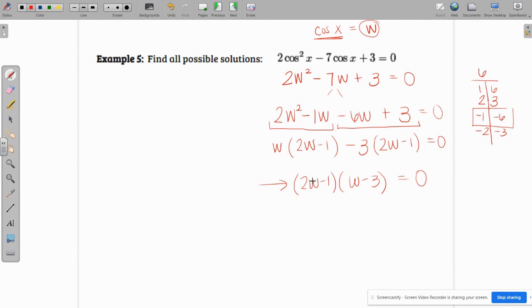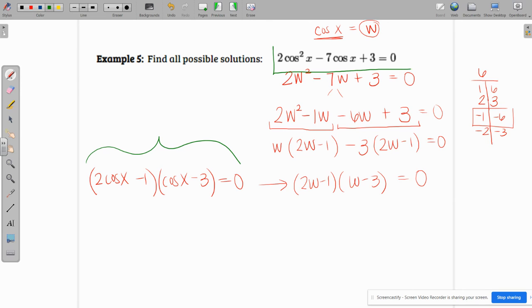So the real problem here, instead of 2w minus 1, it's 2 times the cosine of x minus 1. And instead of w minus 3, it's the cosine of x minus 3 equals 0. So this right here is the factored form of our original problem, which is really what we're working on. This was just a way to get us there without it looking so crazy intimidating.